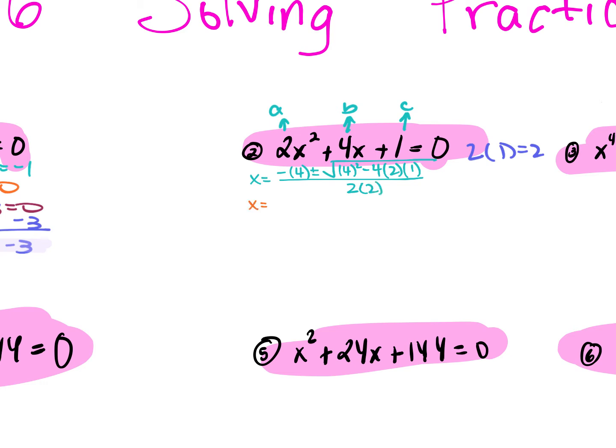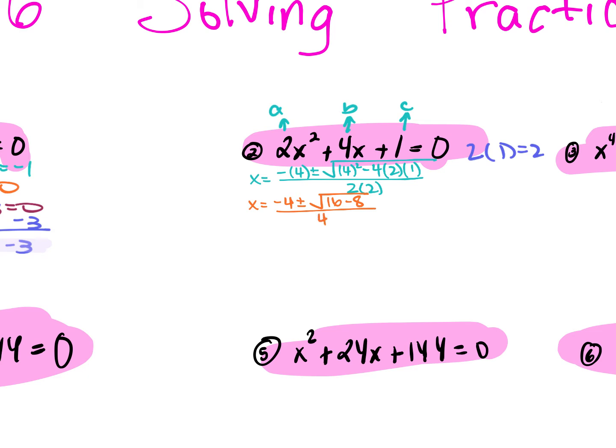The opposite of 4 is just negative 4. Plus or minus the square root of 4 squared is 16. Minus 4 times 2 times 1, which is 8, or negative 8, all over 2 times 2, which is 4.